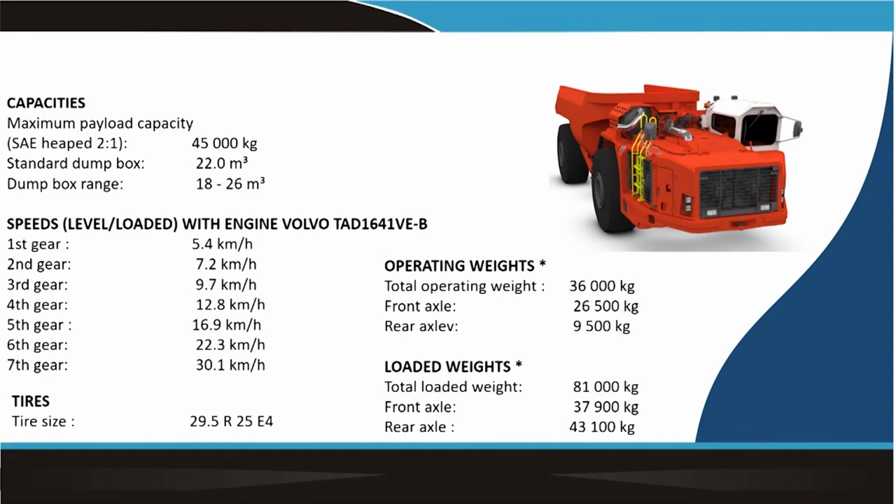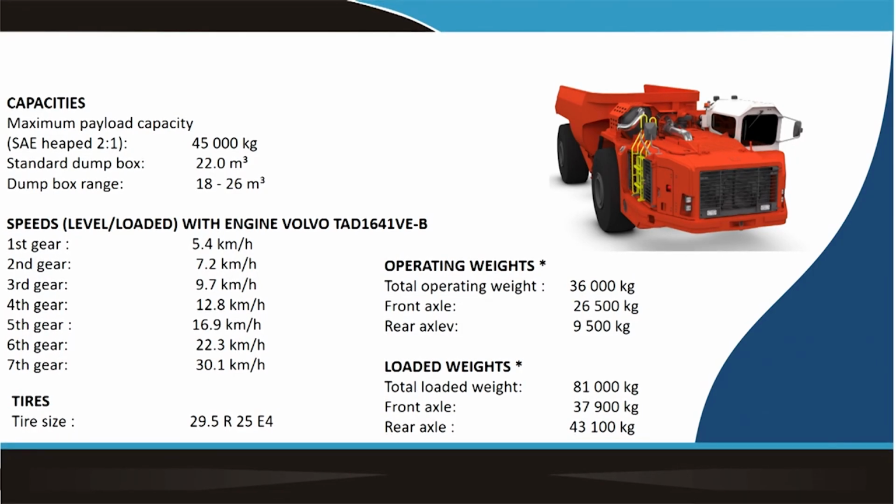Another important thing is the tire. The dimension of the tire is given as 29.5 R25 E4, which is the specification of the tire manufacturer. It is standard, and you can get it from any standard tire manufacturer.